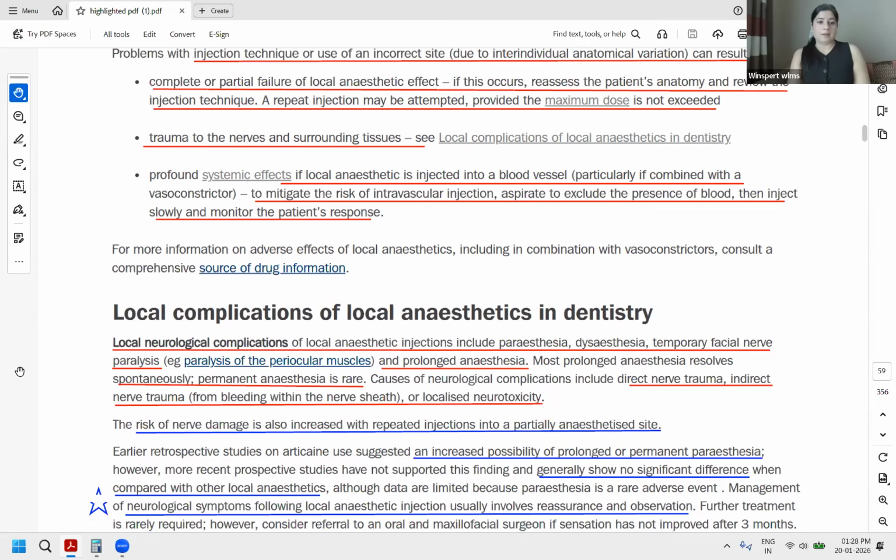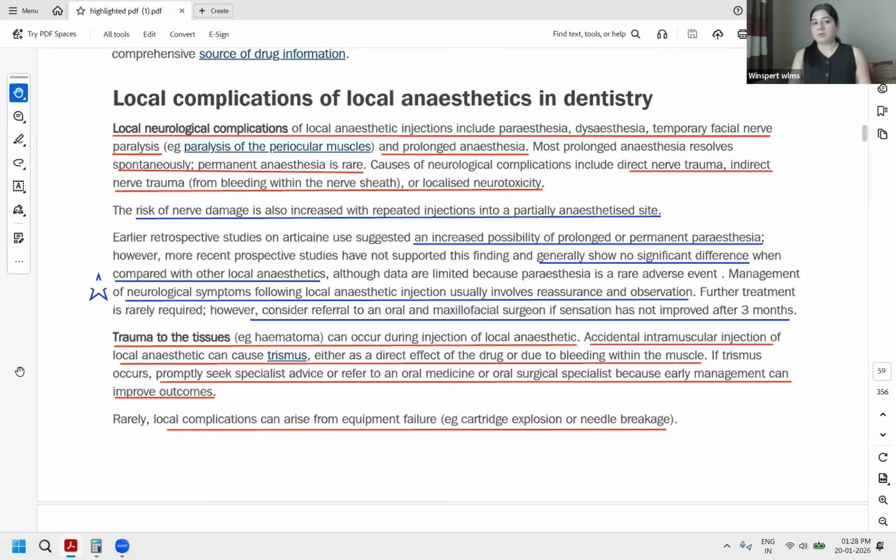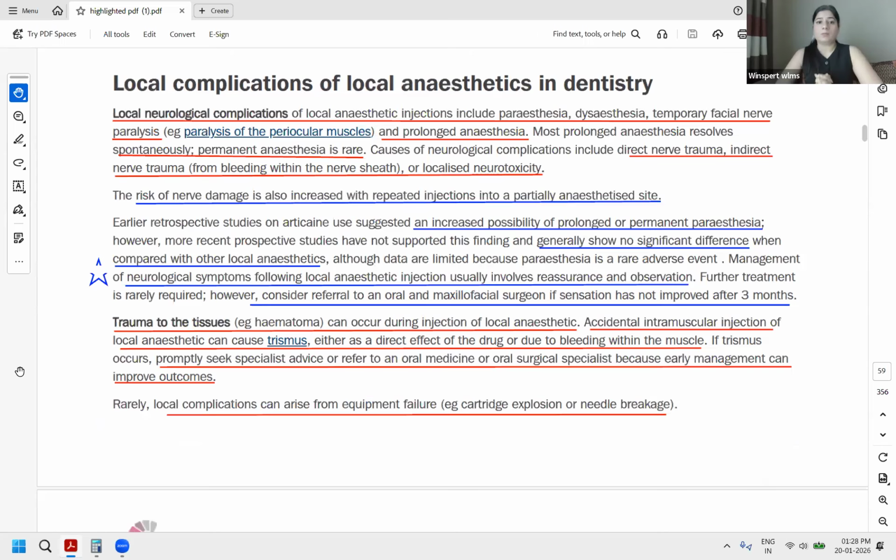Okay. What are the local complications now? This is exactly what you will find in the examination. The local complications that can arise with your local anesthesia mostly depend upon some kind of nerve injury or prolonged paresthesia, dysesthesia, even temporary facial nerve paralysis.